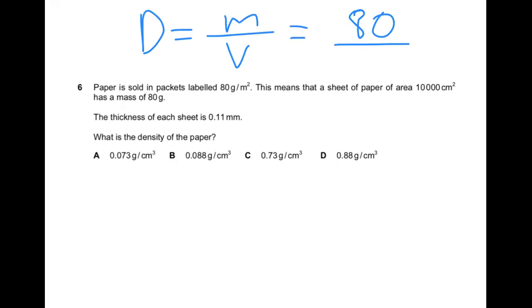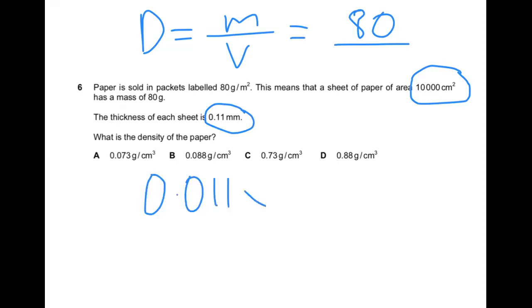As a sheet is in the shape of a cuboid, the formula for volume will be length times base times height. They have given us the answer of length times width, that is 10,000 centimeters square, and the height is 0.11 millimeter. We'll convert 0.11 to centimeters. That will be 0.11 divided by 10, so 0.011, and for the volume, multiply it with 10,000.